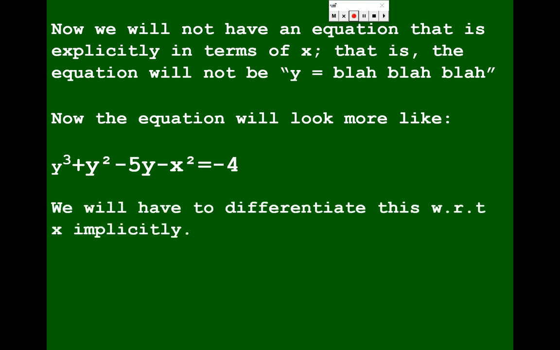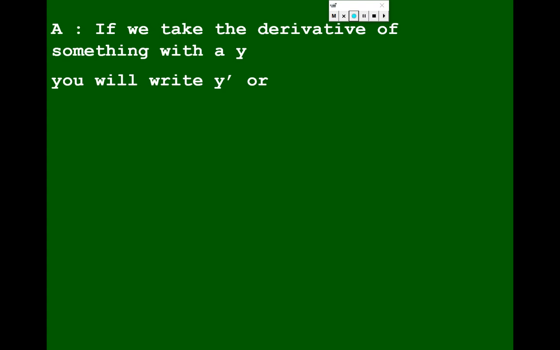So we'll have to differentiate this with respect to x implicitly. And what does this mean? Well, anytime you take the derivative of something that has a y in it, you're going to have to write y prime next to it, or dy dx next to it.